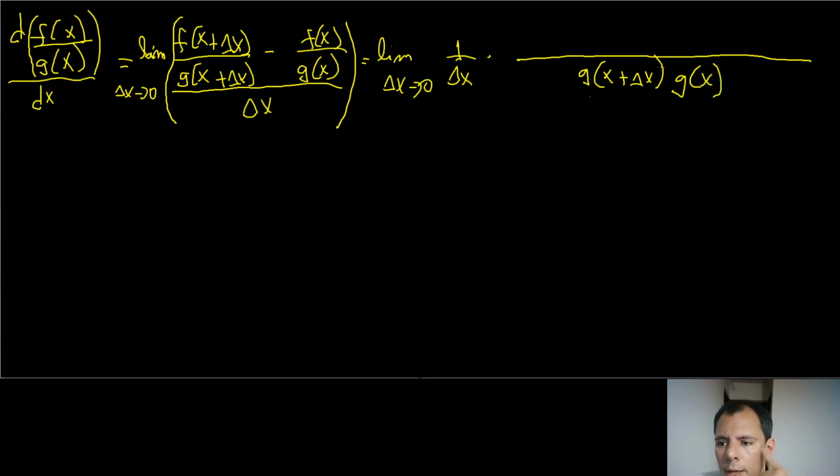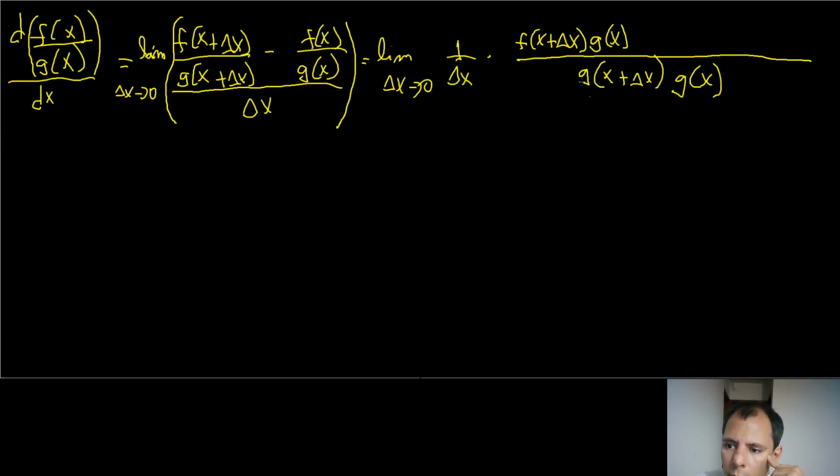Now, going back to 5th grade, I don't know. So it's going to be f of x plus delta x times what? g of x.